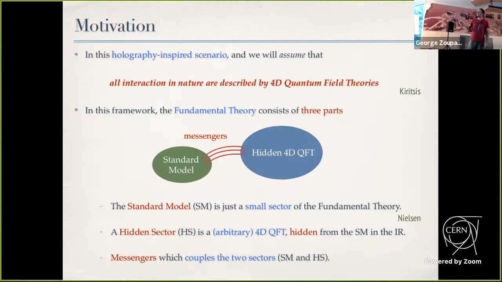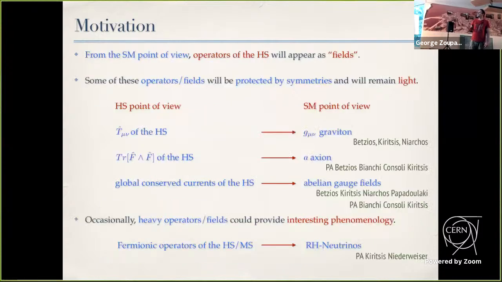One is the standard model, just a small sector of the fundamental theory. There is a hidden theory, which is arbitrary in general, and is hidden in the infrared to the standard model, so there is no direct coupling between them, and a set of messengers. I will give soon more details on that, but this is the main framework.